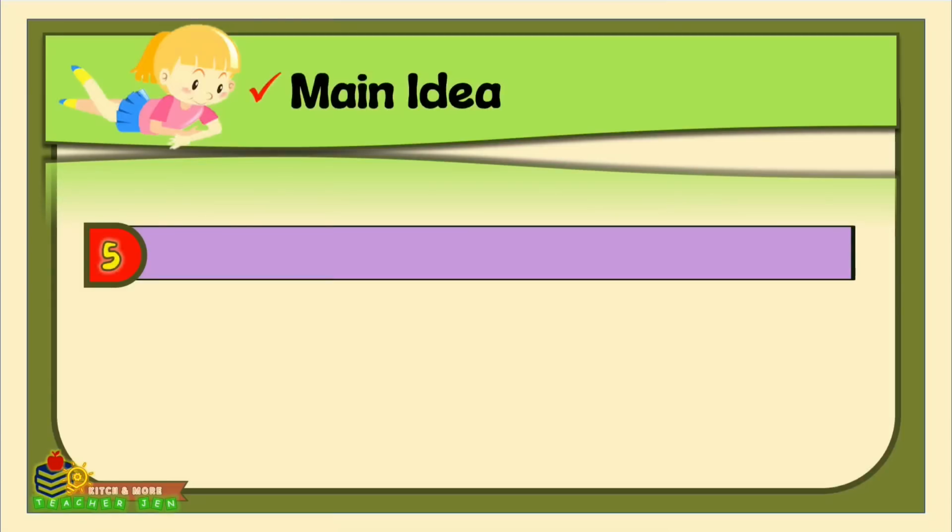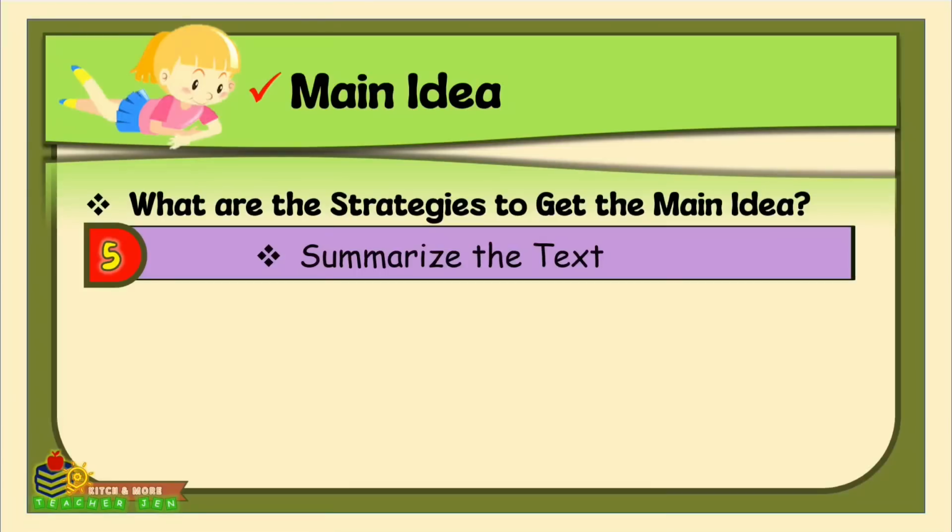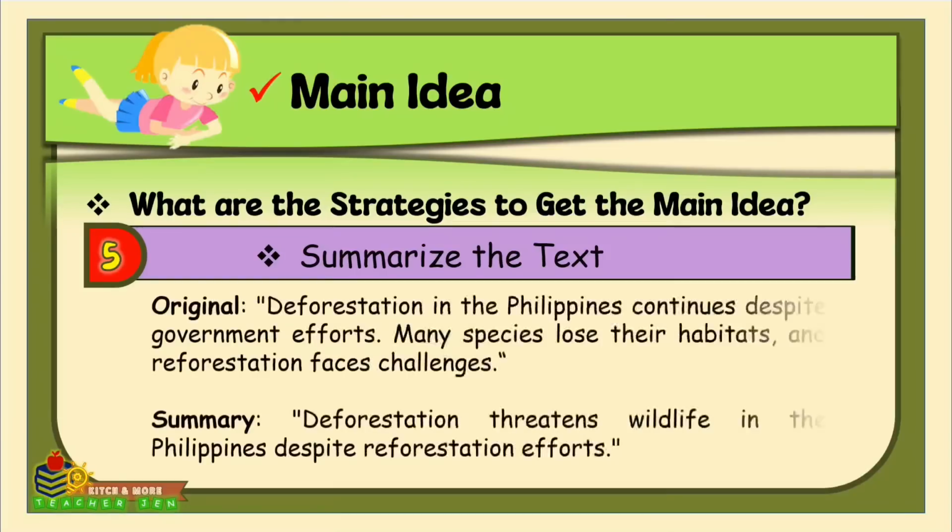The fifth one is summarize the text. So put the key idea of the passage in your own words. Remove extra details and focus on the core message. For example, here the original text is, deforestation in the Philippines continues despite government efforts. Many species lose their habitats and reforestation faces challenges.